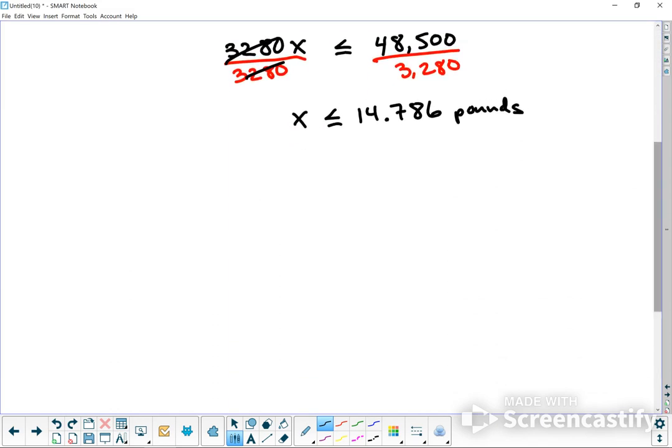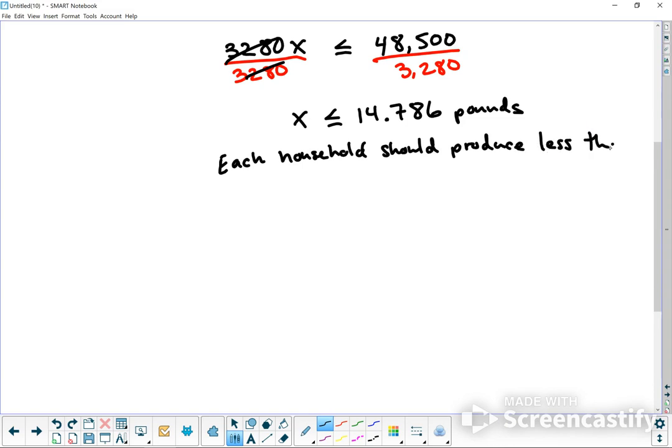So I'm going to say each household should produce less than or equal to 14.786 pounds.